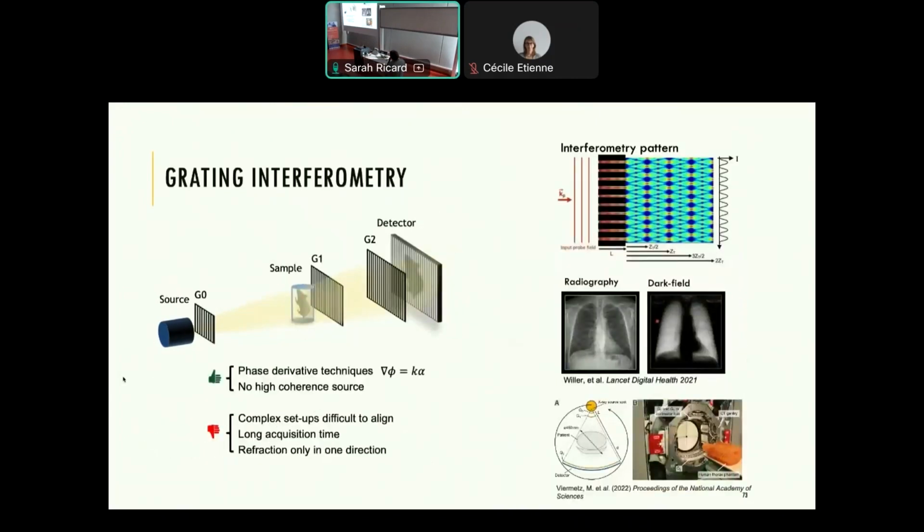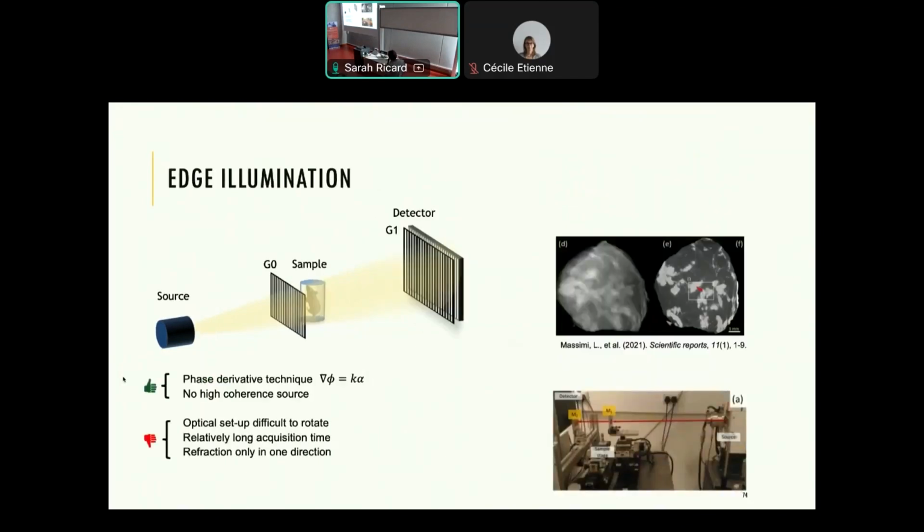And that's the way they did it, radiography, for this clinical trial I was referring to. Another type of setup is this one, which is actually in a clinical trial in London, but not directly on patients, on surgery specimens. They are working, for instance, on esophagus cancer.